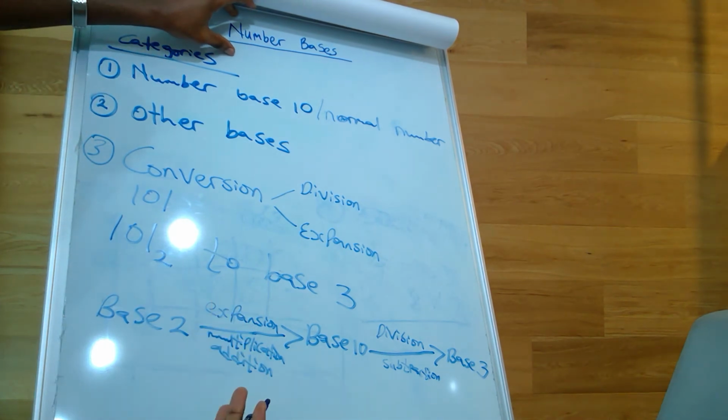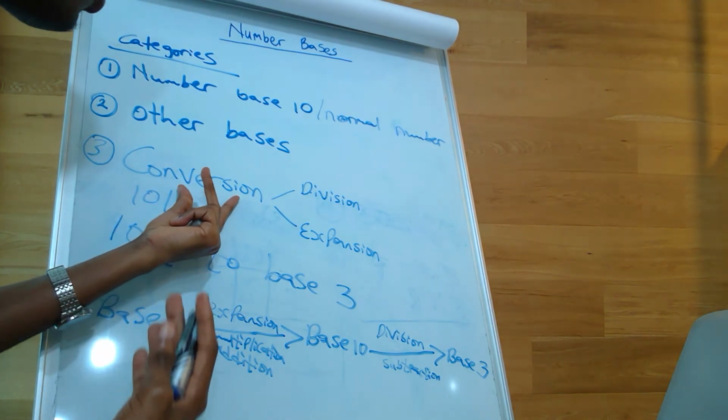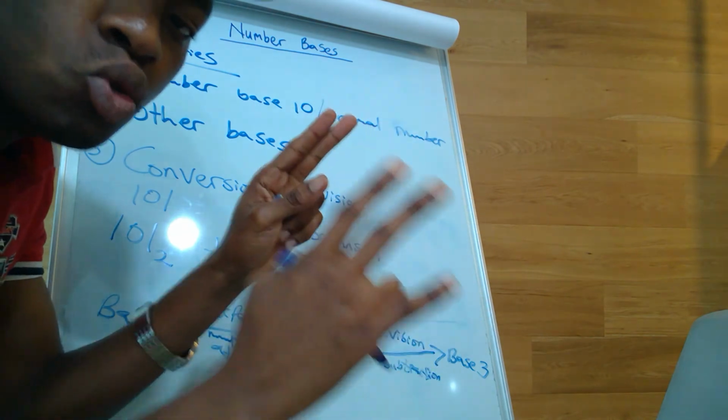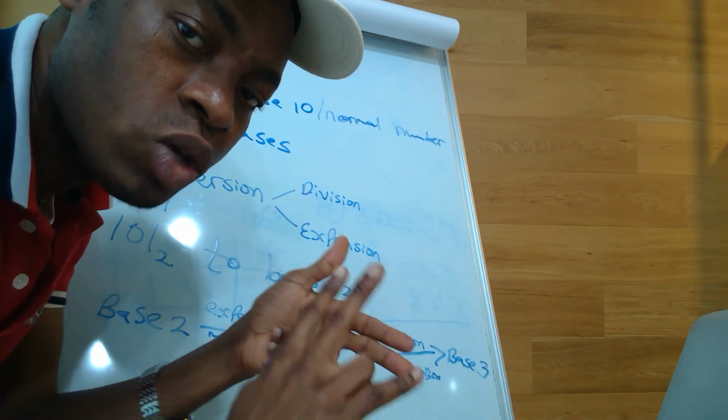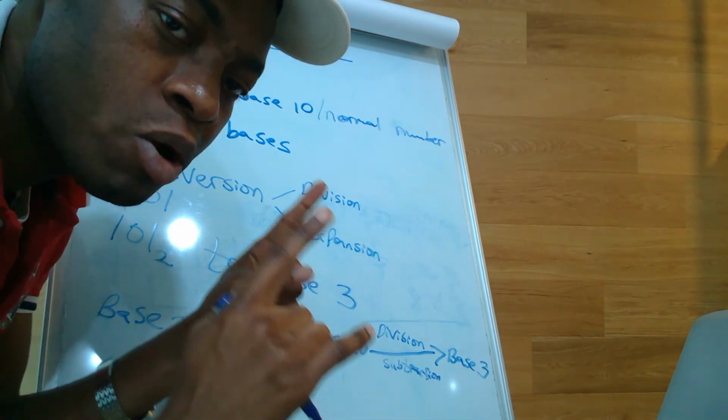These are the basic things you will need under number bases. Remember, when you are converting, why do we convert? Sometimes they may give you two different bases. You cannot solve the two bases together if they are not the same. So the base must be the same.